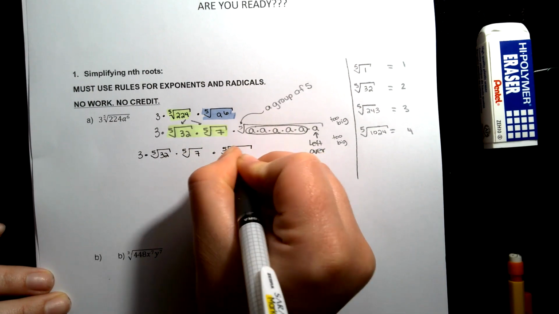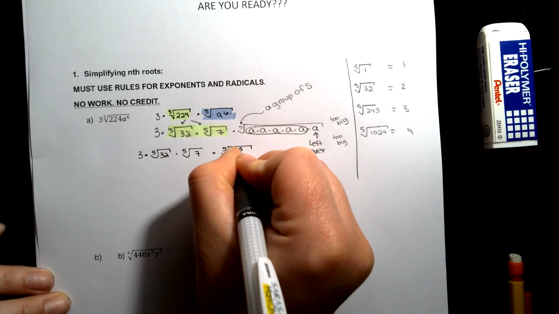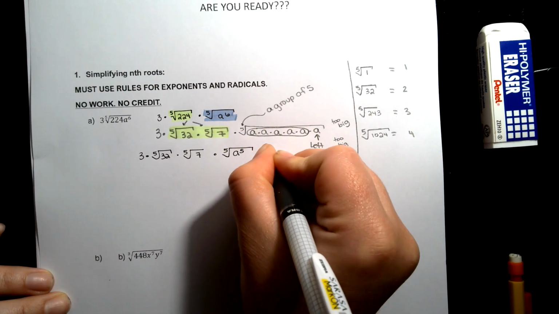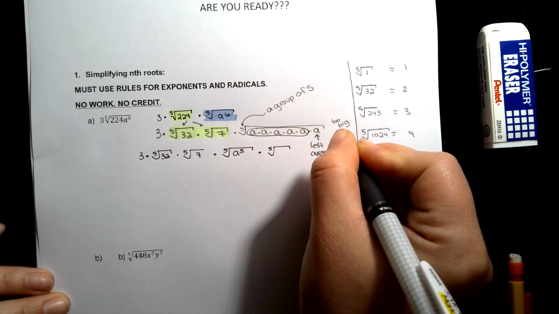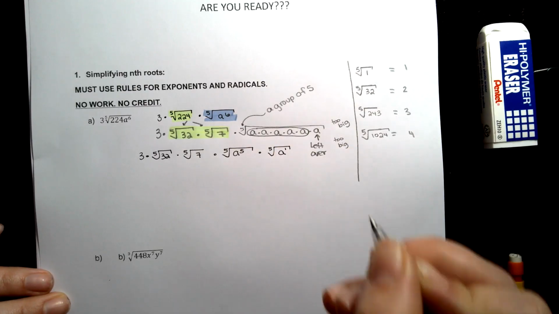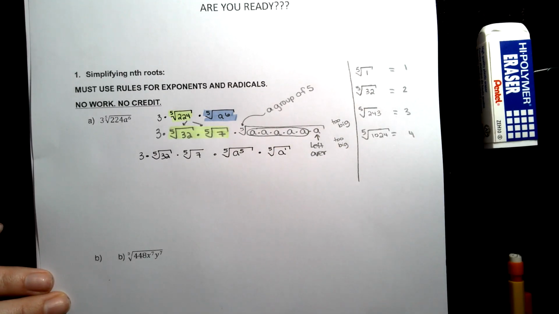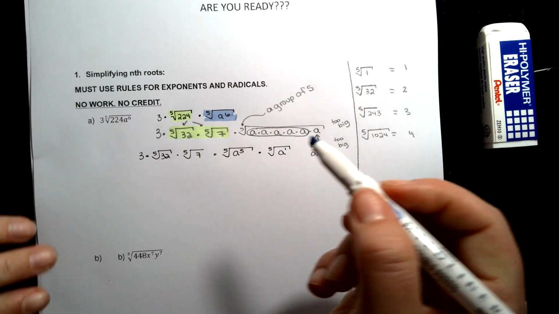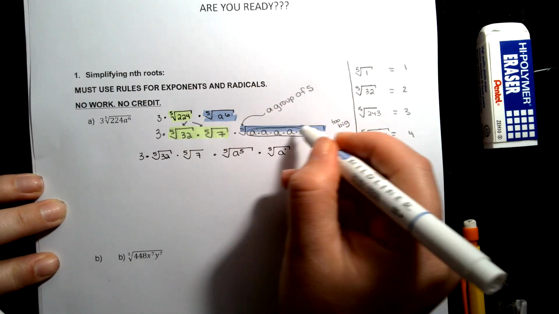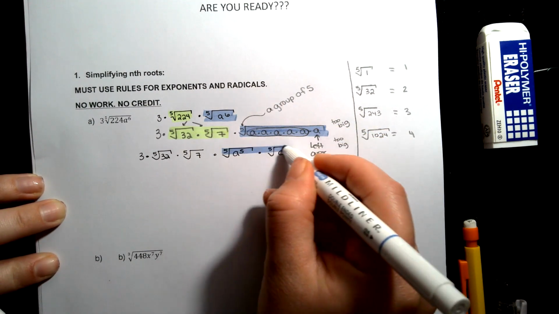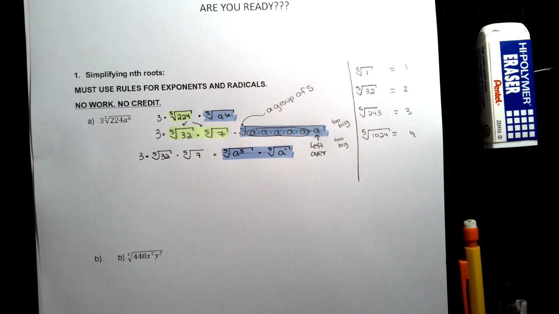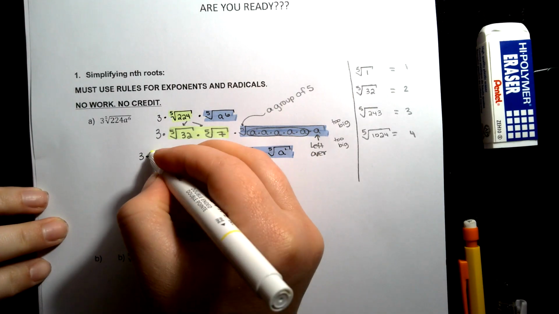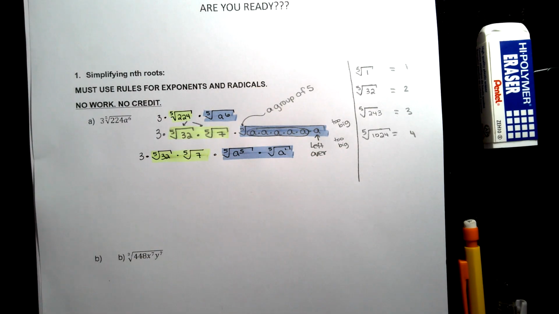Okay, well, how many a's did I group? Well, I grouped 5 a's, and what's my leftover? My leftover was just 1 a. You can do 1 or you can just do a. I want to go ahead and highlight that for you so you know where everything is coming from. And again, we still have that 3 in the beginning that we are not really touching.